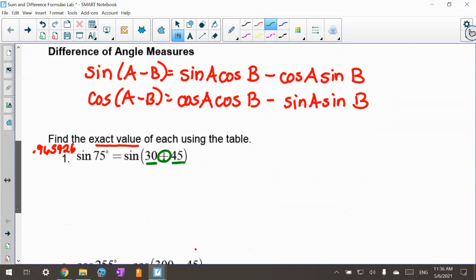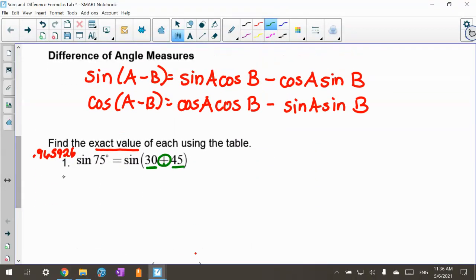I'm going to copy it here, and I'll show you how it works. If I do the sine of a plus b, this is my a and this is my b. So you're actually finding the sine of 30 plus 45, which is 75. Then you're going to take that formula, and wherever there's an a, you're going to plug in 30, and wherever there's a b, you're going to put 45. So this is what you end up with.